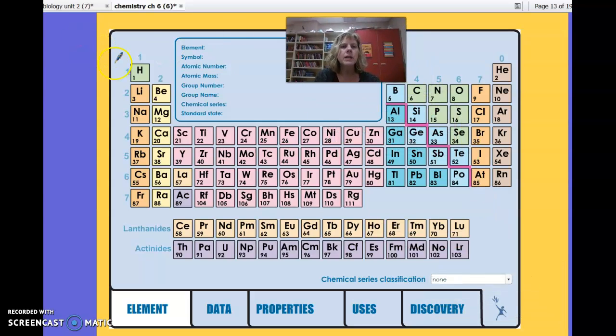So if we just are looking at atomic numbers, this is the number of protons and also the number of electrons, right? That's what the atomic number tells us. The atomic mass isn't listed on here, so we can only talk about atomic numbers here. So sodium has 11 protons.